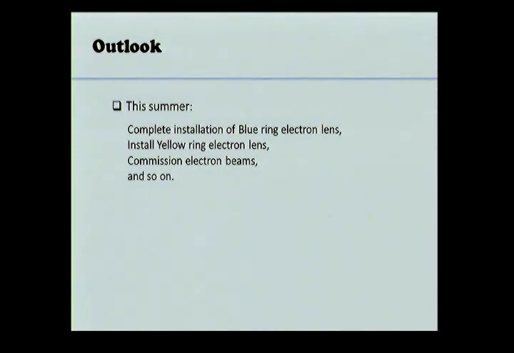Outlook. In the summer, we will continue the installation of the blue ring electron lenses, and we will install the yellow ring electron lenses in the RHIC tunnel. And currently, the experts are commissioning electron beams.